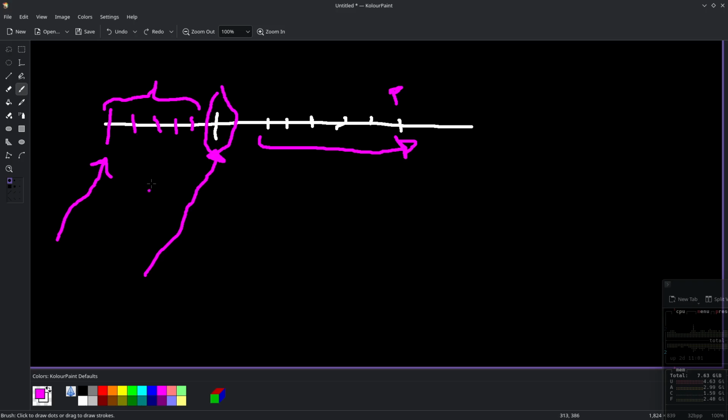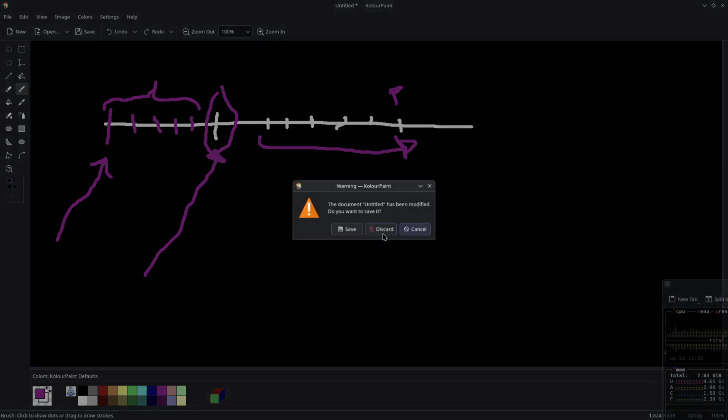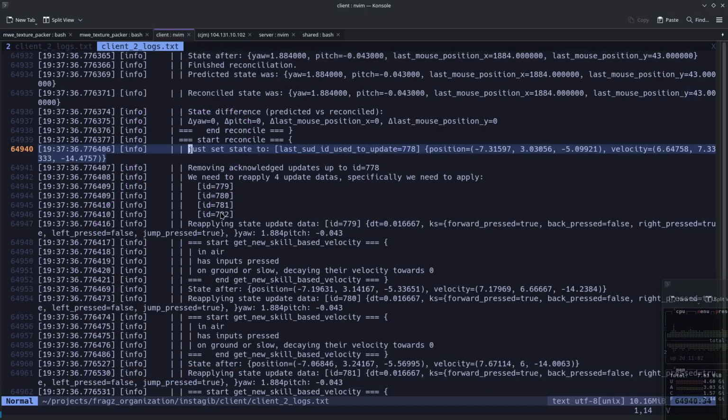The only reason that can happen is because a packet is lost, because in our current setup, we send out every single input update to the server. So they should all get there unless the packet gets dropped. That is the high level way of describing it. I didn't want to do an in-depth detail right now; I've done that elsewhere, but now I'm going to show that that's happening here.